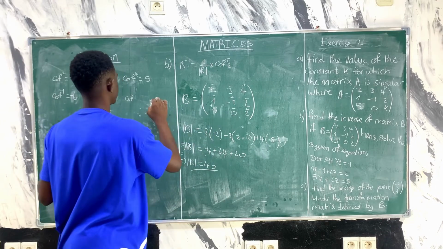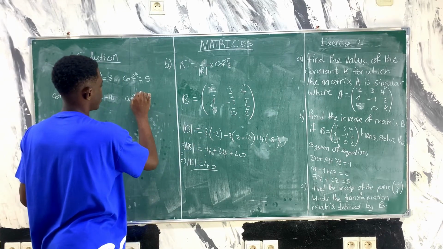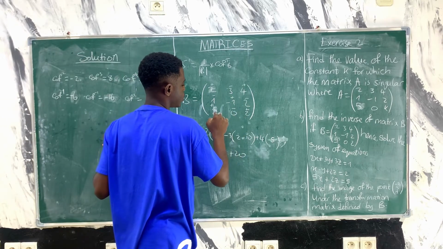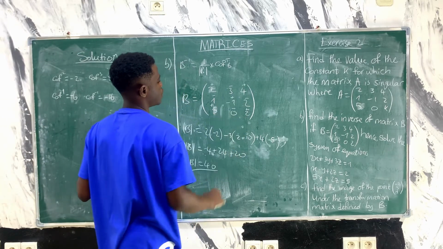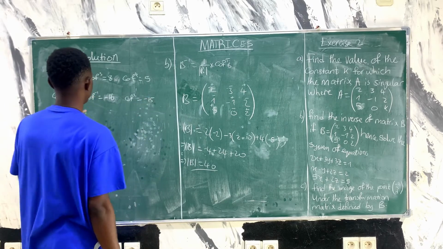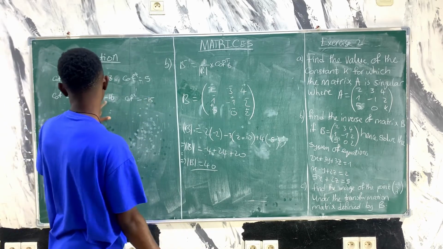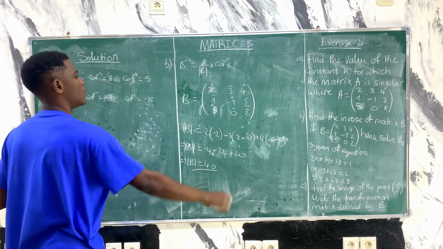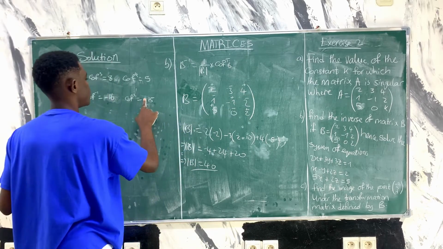Cofactor of 2 is equal to, cancel here and cancel here, 2 times 0, 0 minus 5 times 3 is minus 15. And the sign here is minus, plus, minus. Minus 15 times the minus here becomes plus 15.